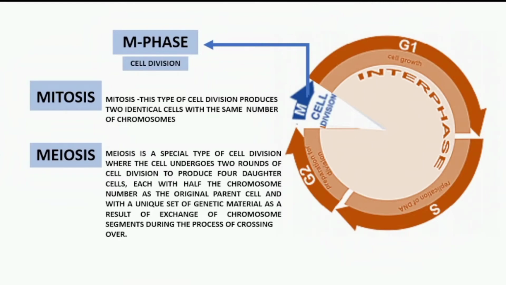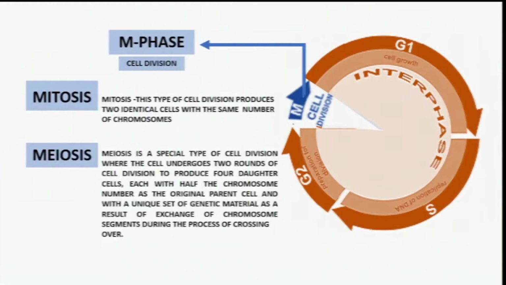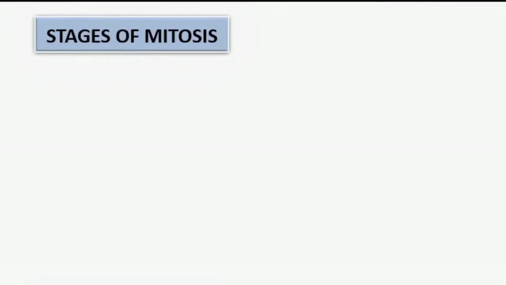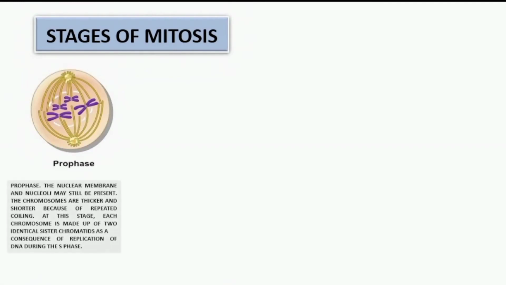Let's find out more. What are the stages of cell division? Mitosis is divided into four stages. Stage 1 is prophase. In prophase, the nuclear membrane and the nucleoli may still be present.